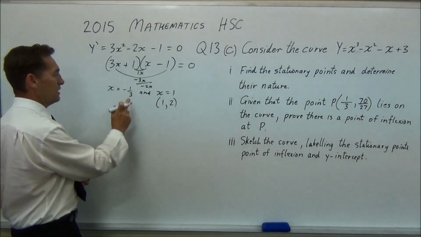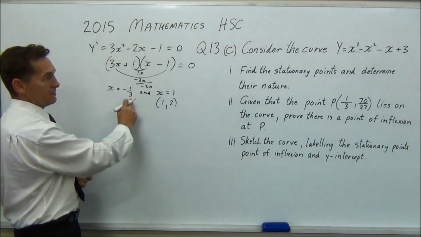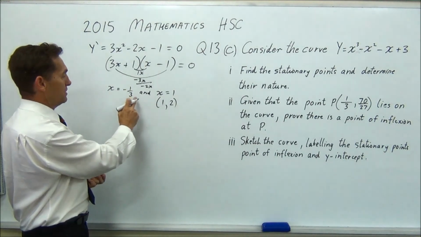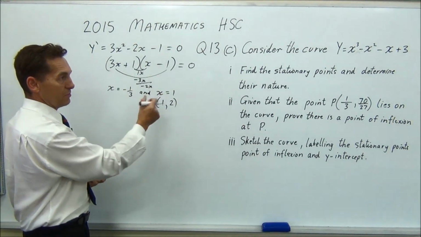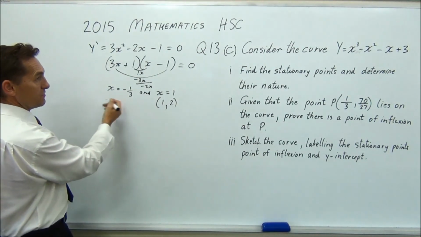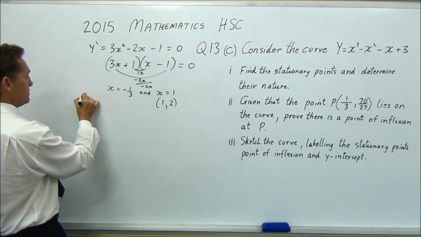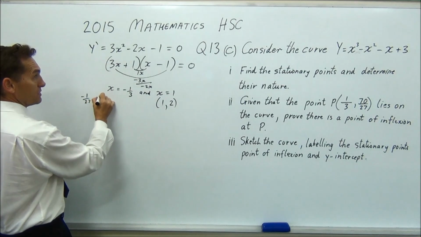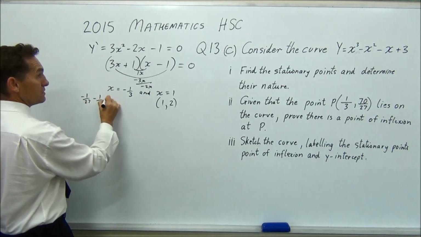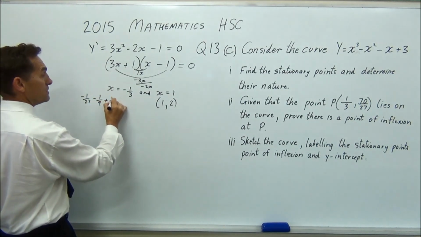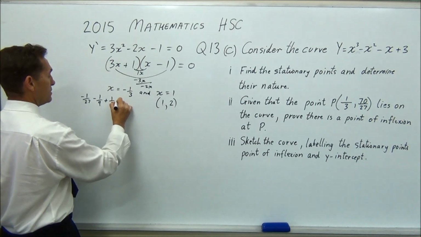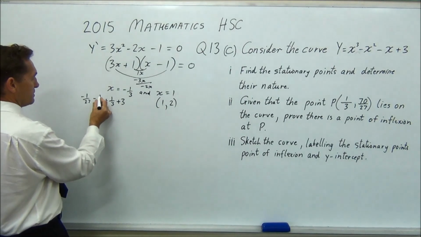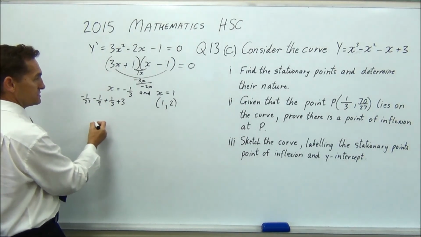That's pretty simple. Put in the minus third, well, you're going to get minus 1 on 27, minus 1 on 9, plus 1/3, plus 3. And if you figure that out, so minus 1 on 27, minus 1 on 9, plus 1/3, plus 3. Figure that out. 1/3 is going to be 9 on 27, and 1/9 is going to be 3 on 27.